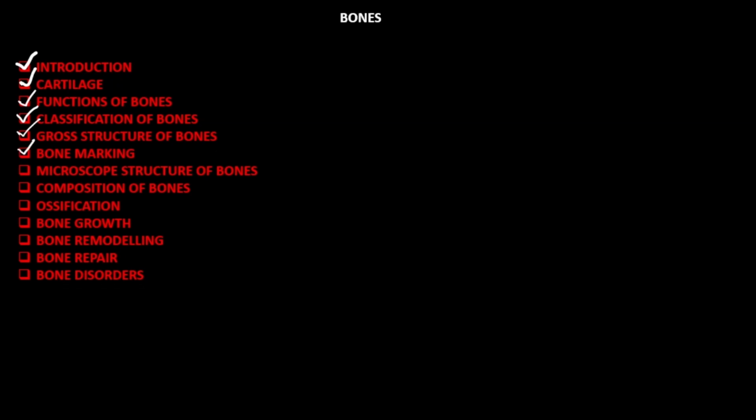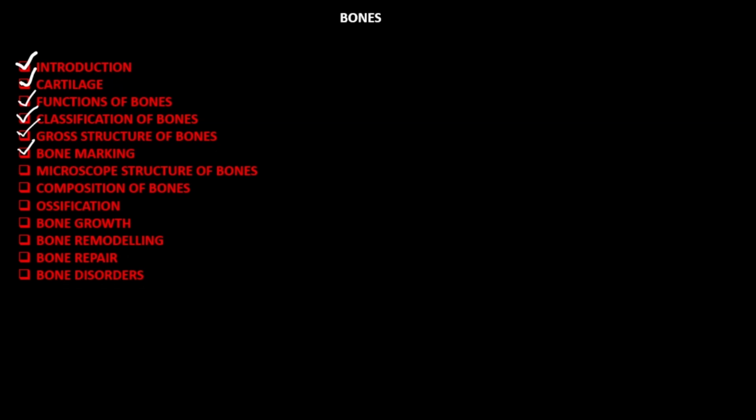Now let's take a look at the microscopic structure of bones. This video is actually made for gross anatomy, and the microscopic structure of bone would be studied more elaborately in the histology of bones. However, we'll go over it very briefly in this video.